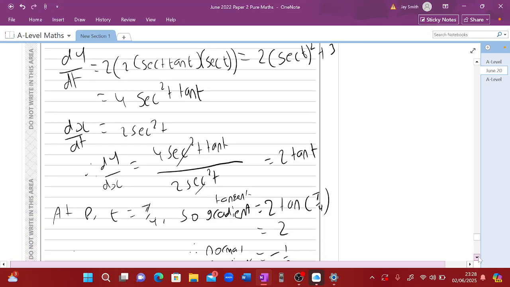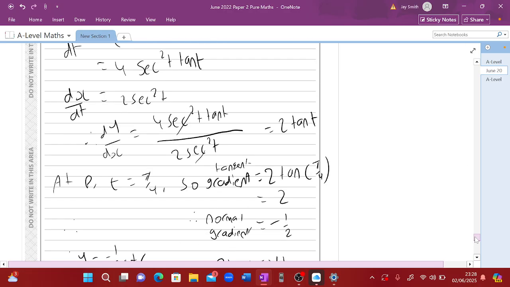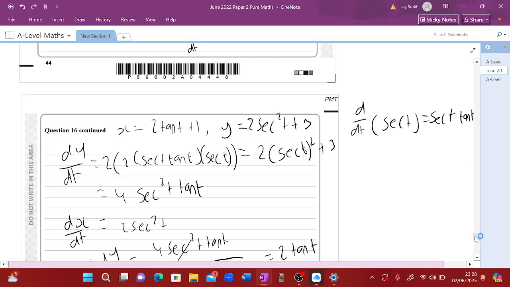There we are. So it's going to be 2 tan of pi over 4 add 1, which should be 3. And y was 2 sec squared of pi over 4 add 3, was it? I can't remember what it was. Yeah, 2 sec squared t add 3.